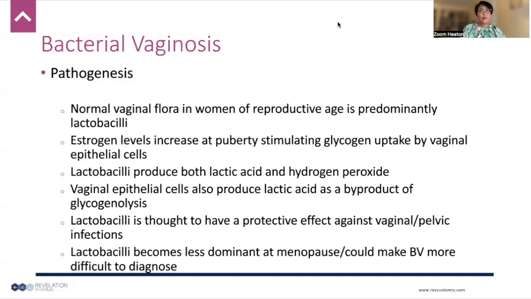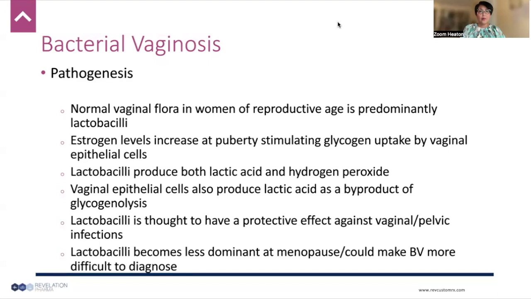Okay, so let's review the pathogenesis before moving to the cause of bacterial vaginosis. Normal vaginal flora in women of reproductive age is predominantly lactobacilli, and estrogen levels increase at puberty, stimulating glycogen uptake by vaginal epithelial cells. And of course, glycogen is one of the main food sources of lactobacilli. Lactobacilli produce both lactic acid and hydrogen peroxide.